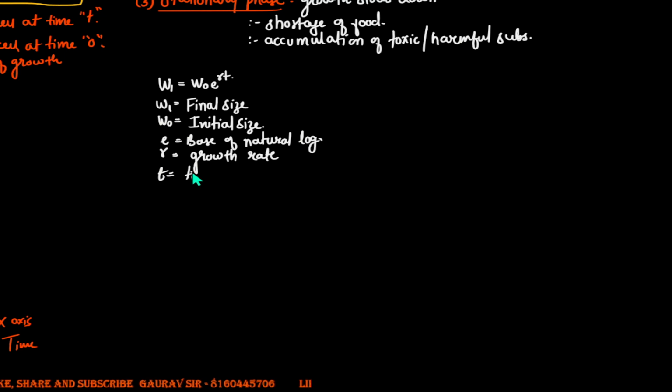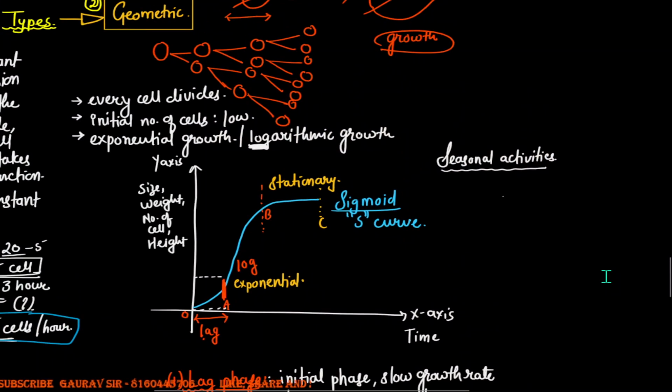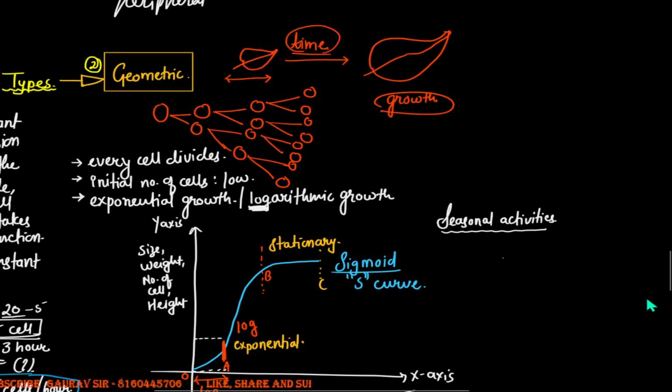T is time, right? So what we have discussed in this video, we'll have a quick revision of this, and then we'll wind up the video. In this video today, we have discussed geometric growth. It says that all the cells which are formed due to the activity of division will retain their ability to divide. They would not differentiate themselves. They would divide and add new cells.